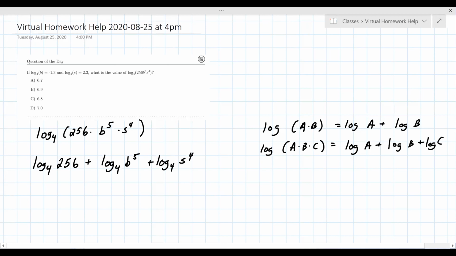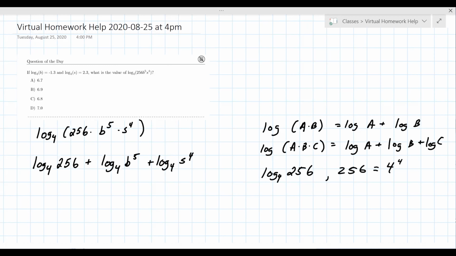The next thing we can do is break apart log base 4 of 256. We know that 256 is 4 to the power of 4. It's really important to know your exponents when you're taking the standardized tests because they allow you to shortcut your time to get the problems done.